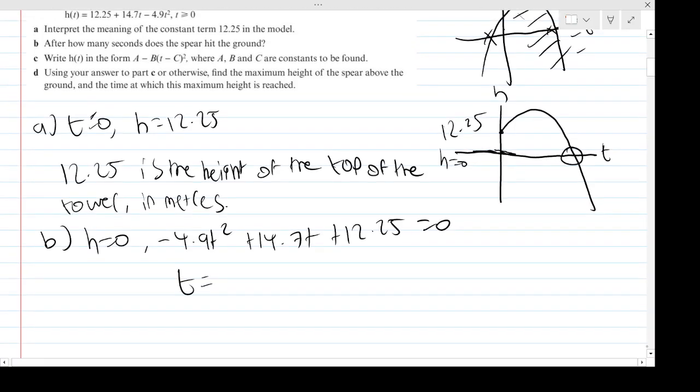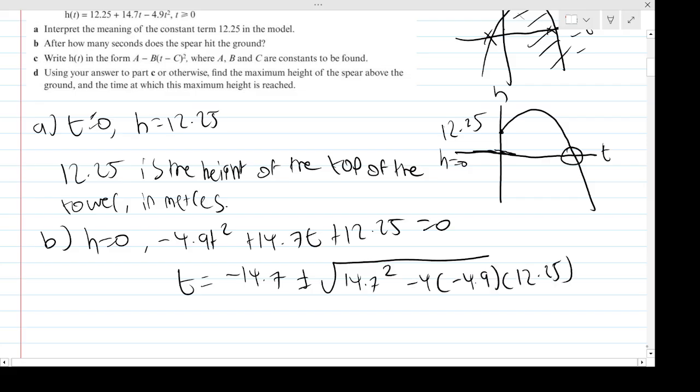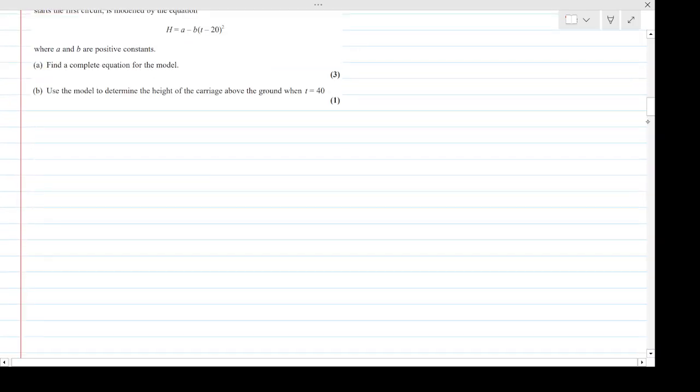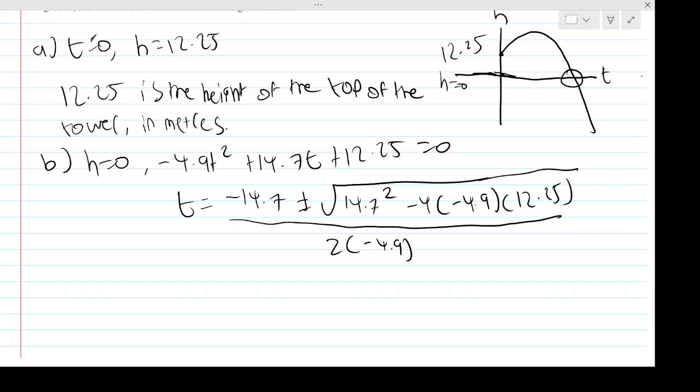So t would be minus 14.7 plus or minus the square root of 14.7 squared minus 4 lots of minus 4.9 times 12.25, over 2a. Well, that'd be 2 times minus 4.9. So put that in the calculator or put that into your solver.